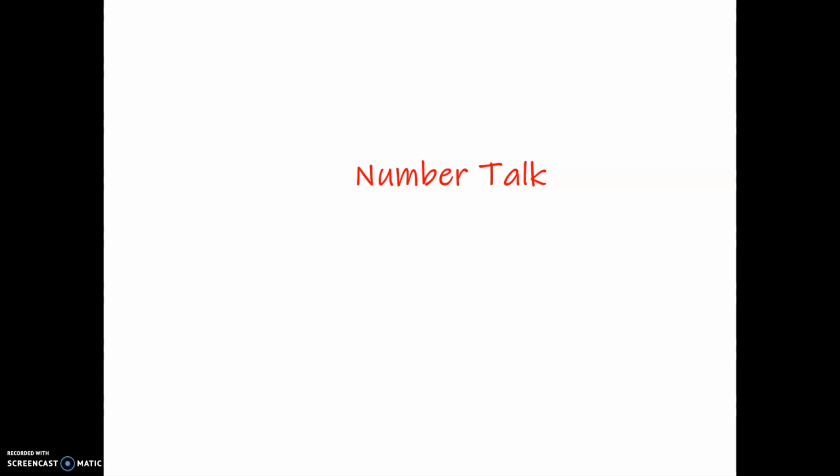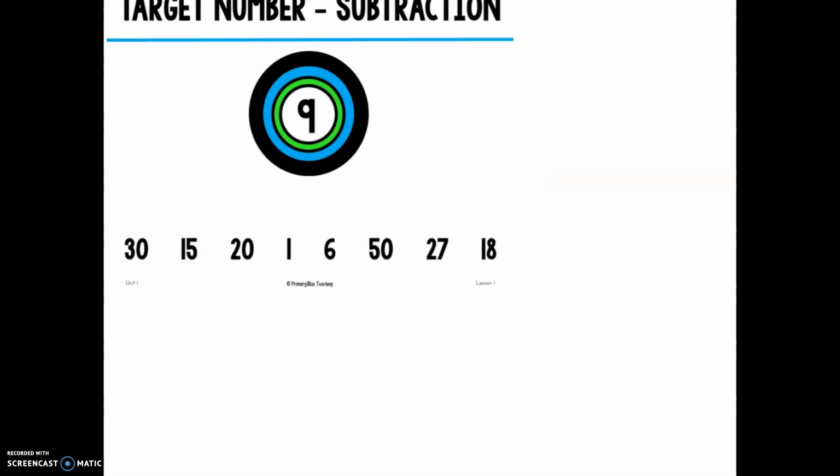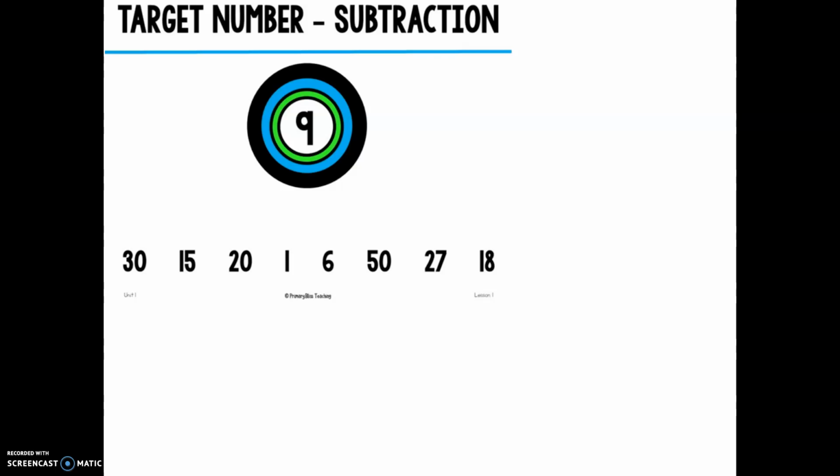We are going to start with another number talk, and today we're going to use a target number again, and our target number is going to be 9. Just like yesterday's lesson, you can use the numbers below the target to come up with ways to get 9.